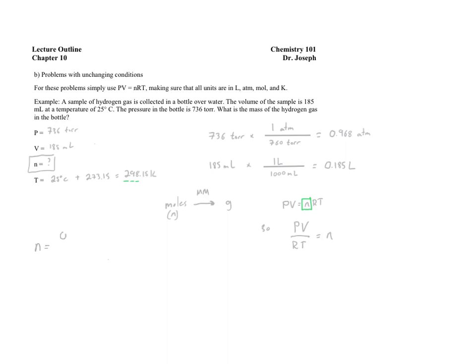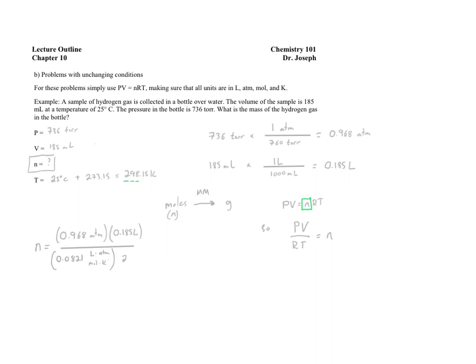n is equal to the pressure, which is 0.968 atmospheres, times the volume, which is 0.185 liters, and then we need to divide that by RT. Well, remember R, the ideal gas constant, is 0.0821 with the units liters times atmospheres divided by moles times Kelvin.